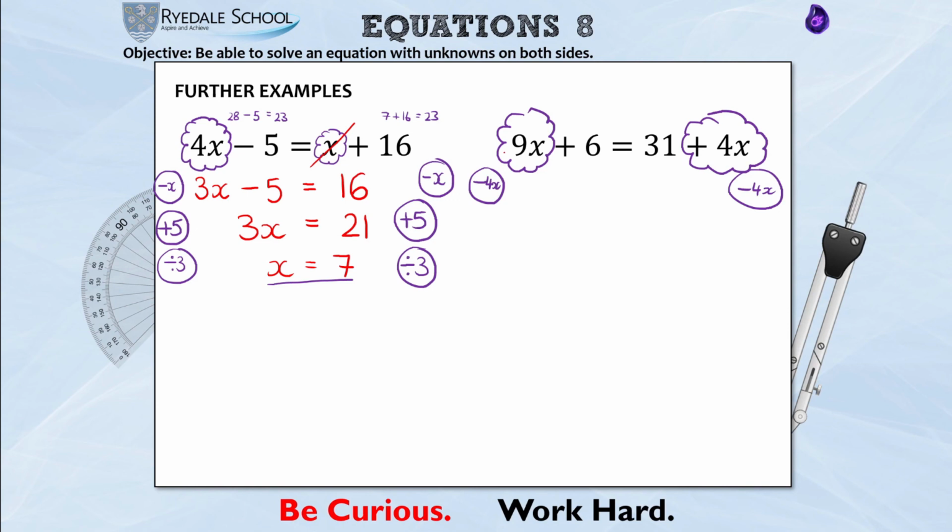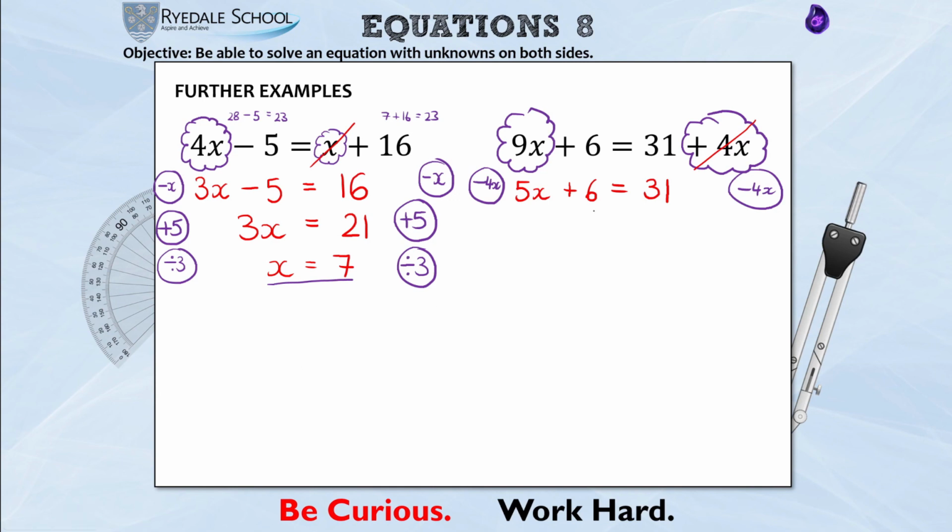If I subtract 4x's from 9x's, I will have 5x's left and the plus 6. If I subtract those 4x's, on this side, all I have left is the 31. So we have 5x plus 6 equals 31.